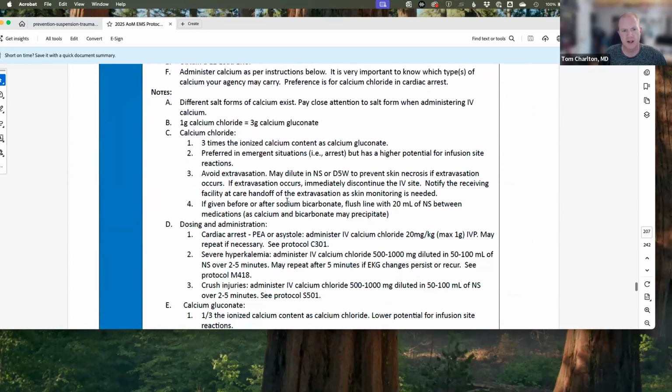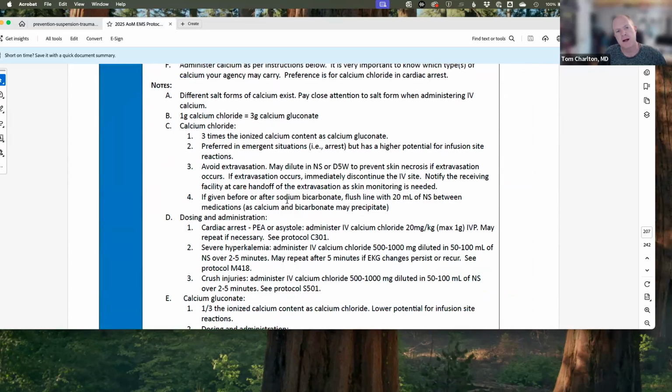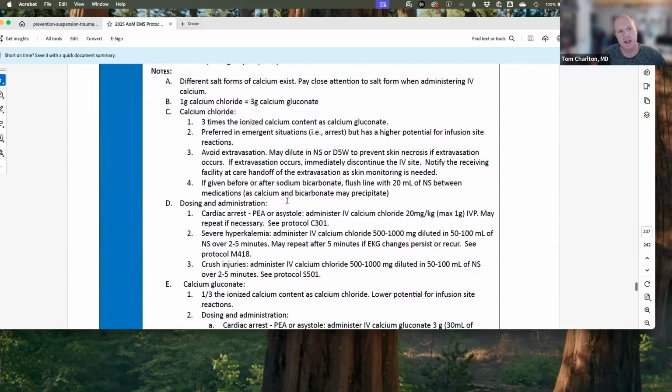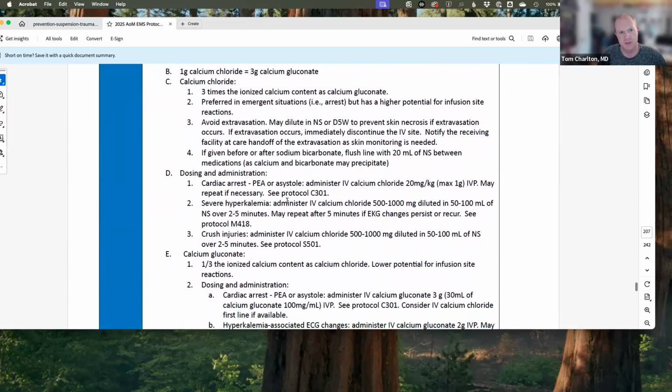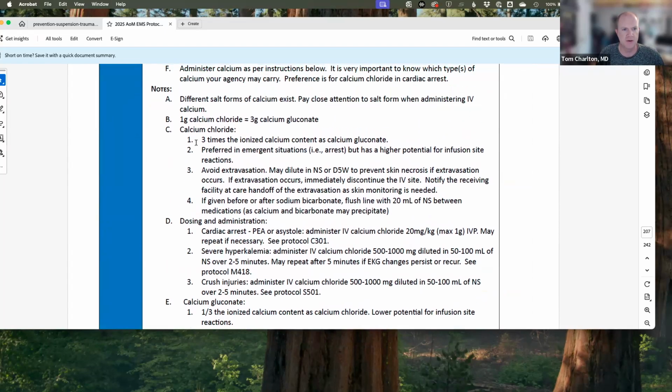Another important thing when we're talking about calcium administration specifically is that as a department, you know what it is that you are using, because there are different forms of calcium that exist.